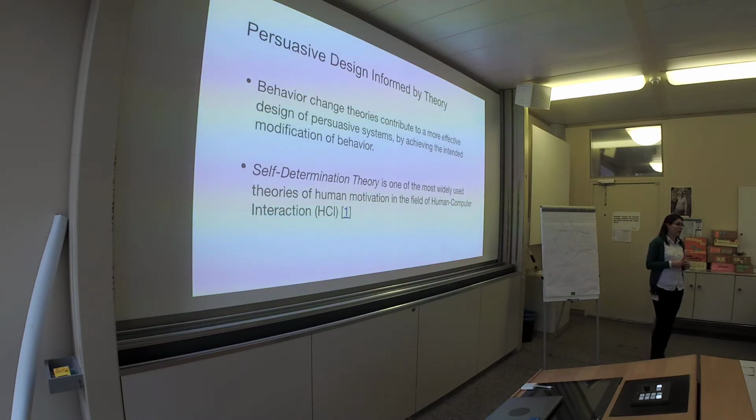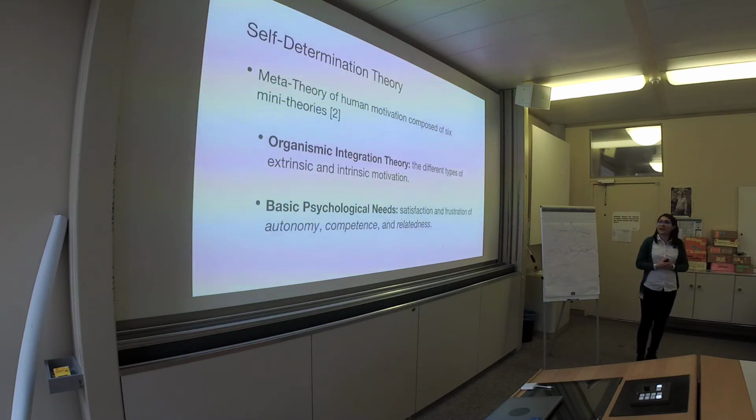One of the most widely used theories in persuasive design is self-determination theory. This theory is a very big theory, which is composed of 6 mini-theories, of which today I'm going to focus on just 2 of them.